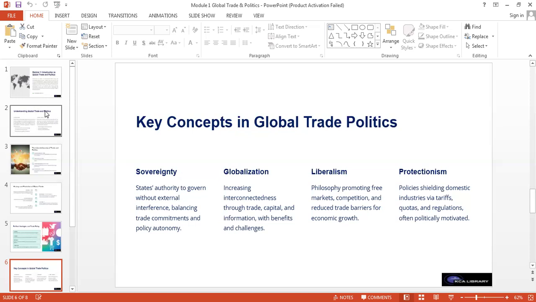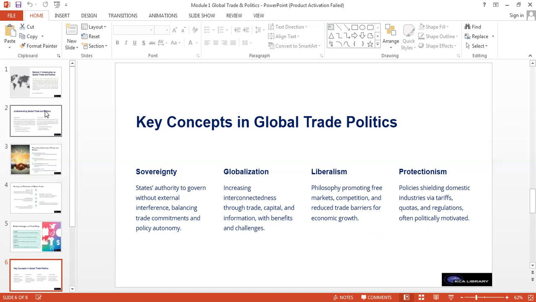Sovereignty means the state's authority to govern without external interference, balancing trade commitments and policy autonomy. Globalization is increasing interconnectedness through trade, capital, and information, with benefits and challenges.